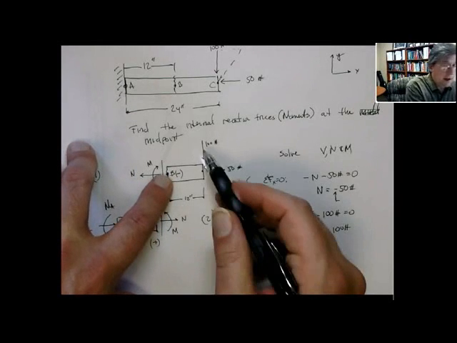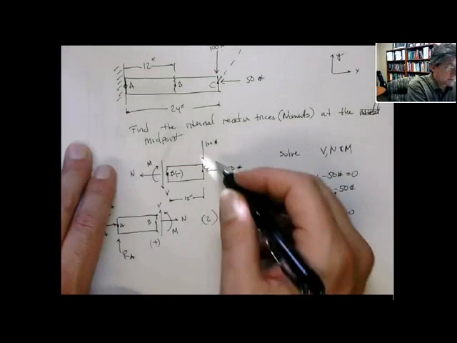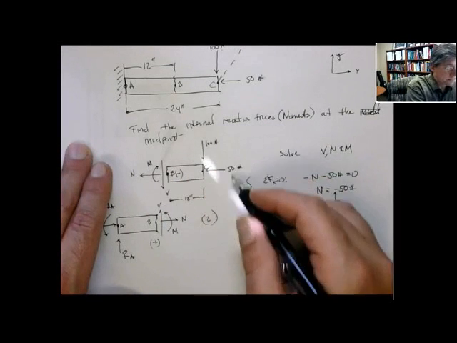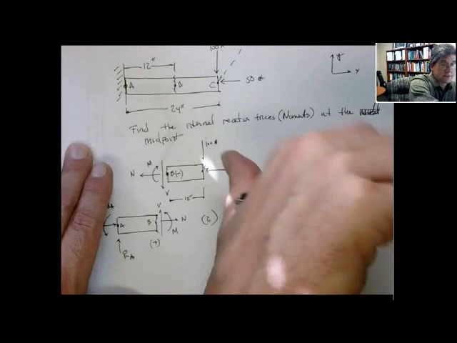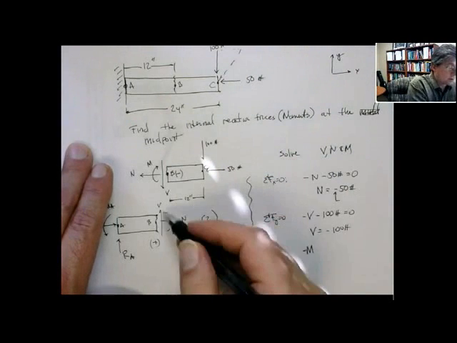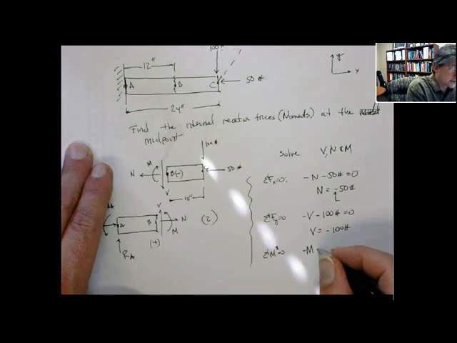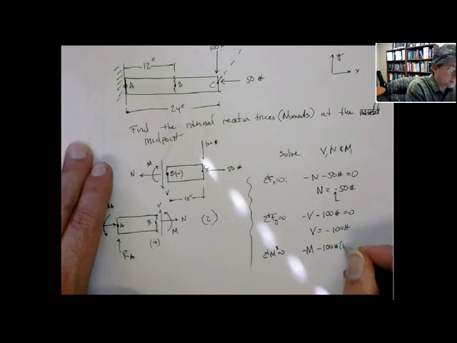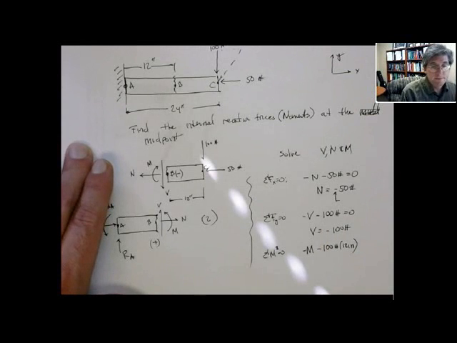Now, this 100-pound force produces a moment in the negative z direction, right? Its moment arm is 12. So that's a negative 100 pounds times its moment arm, which is 12 inches. And that's it. There's no other moment.